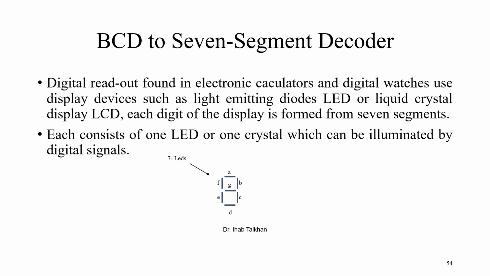Each consists of one LED: a is an LED, b is an LED, c, d, e, f, and g are each an LED. All are one crystal which can be illuminated by digital signals. So we can control this layout, lighting the LED you want in order to display the required number, as you can see in the next slide.